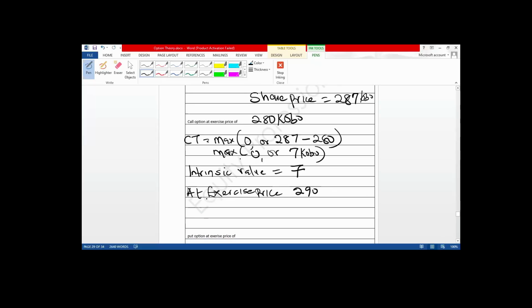Go back to the formula. Call again: CT is equal to maximum of 0 or ST minus E. Maximum of 0 or your stock price 287. Exercise price is now 290. It is a choice between 0 or minus 3.